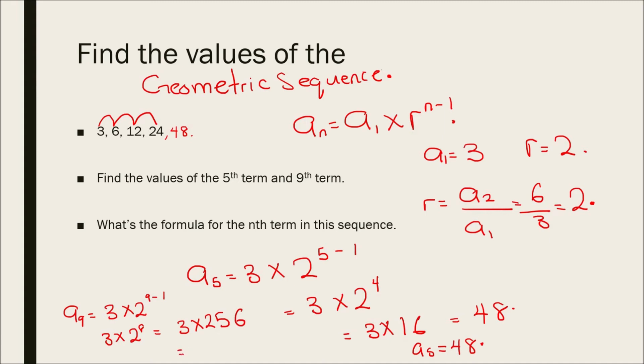And what's 256 times 3? That should give me 768. Okay, 768. All right, so our A9 is 768.